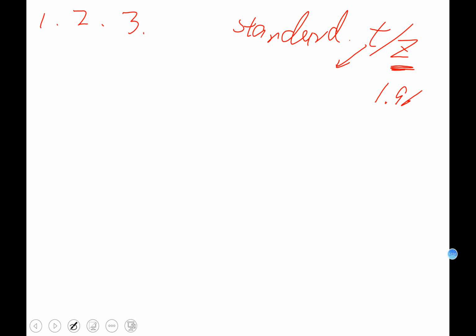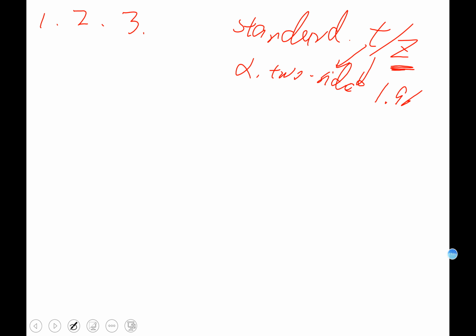You need two numbers to identify the standard t value. The first one is alpha, and in the t value, alpha actually means two-sided alpha.